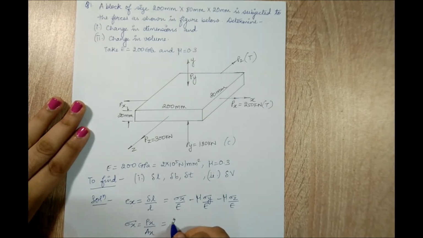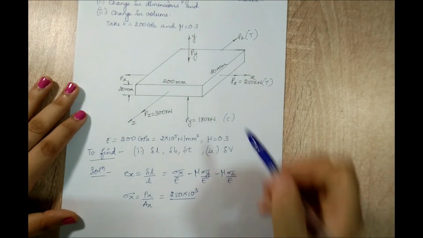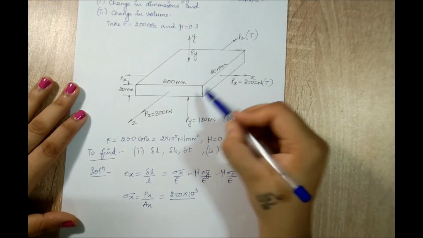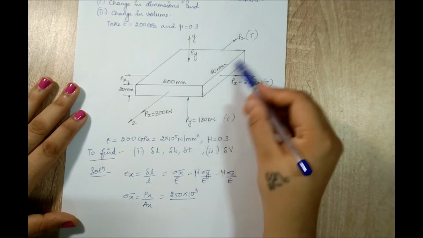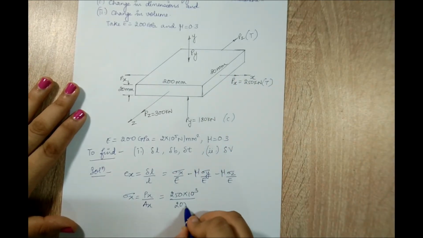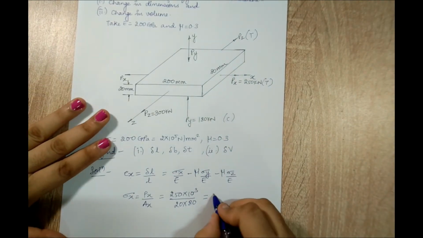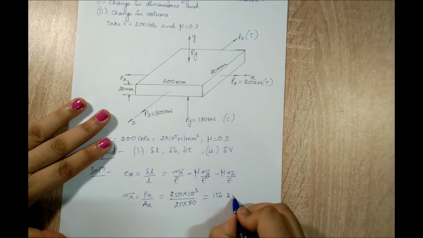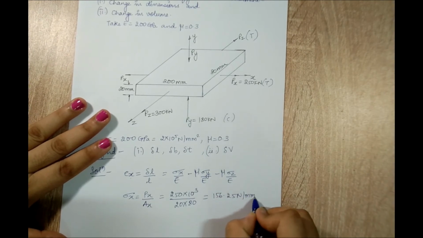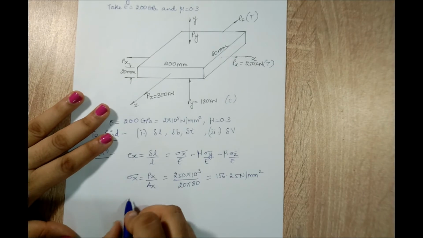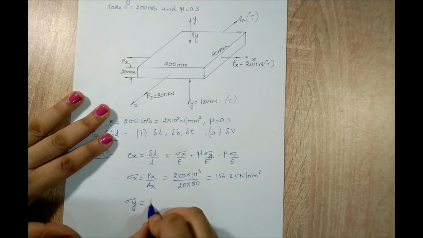Px is given to me as 250 into 10 raised to 3. For calculating Ax, it is this area. This is 20 and this is 80. So it is this dimension along which the load is exerted. I get the answer as 156.25 Newton per mm square. When I have to calculate sigma y, it is Py upon Ay.